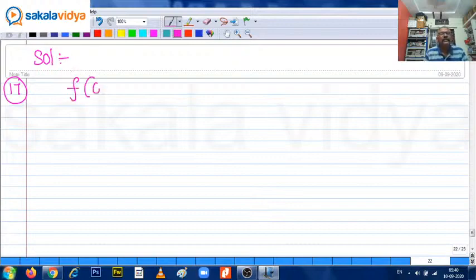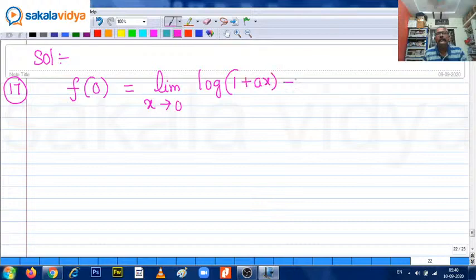f of 0 equals limit x tends to 0, log of 1 plus ax minus log of 1 minus bx, upon x.